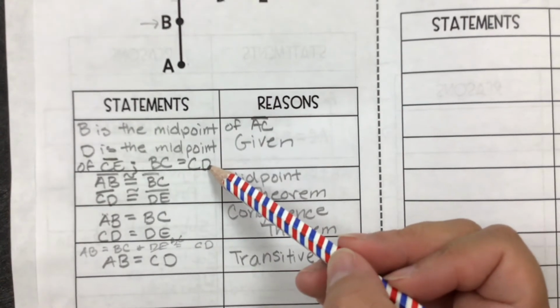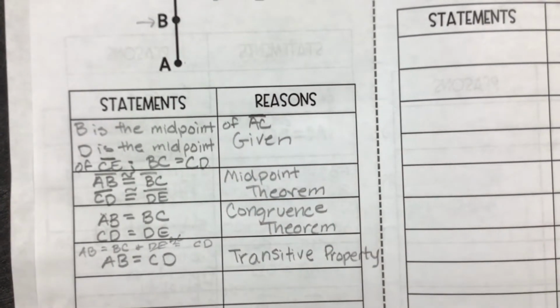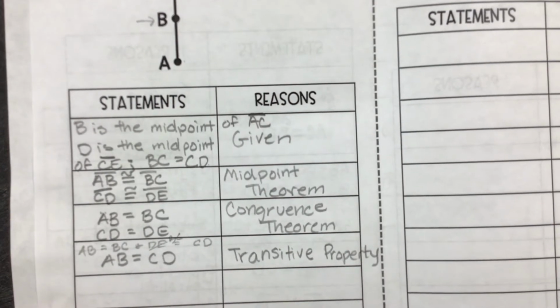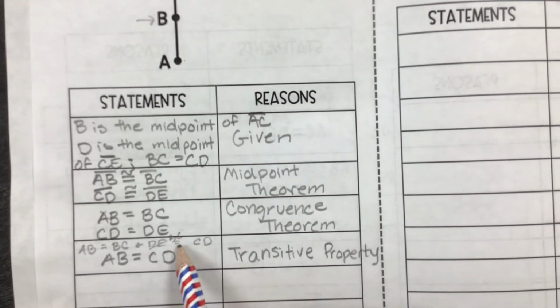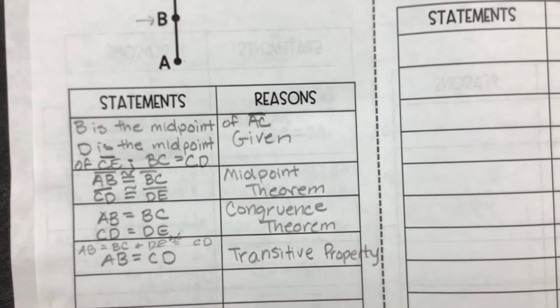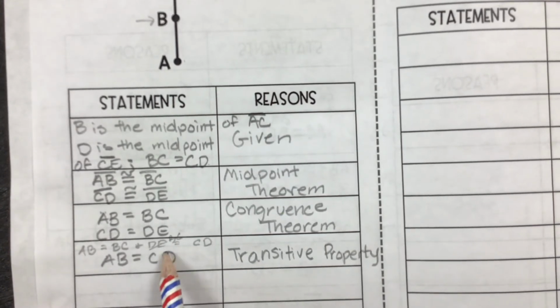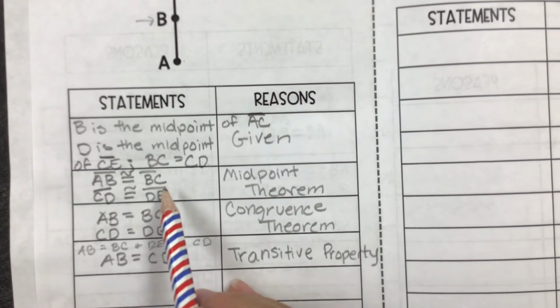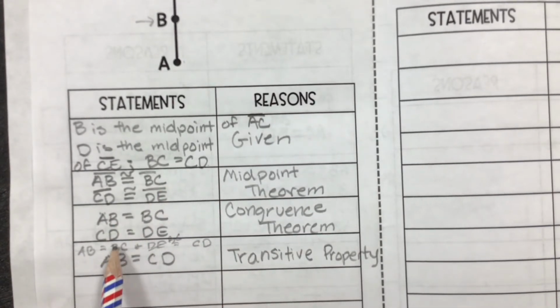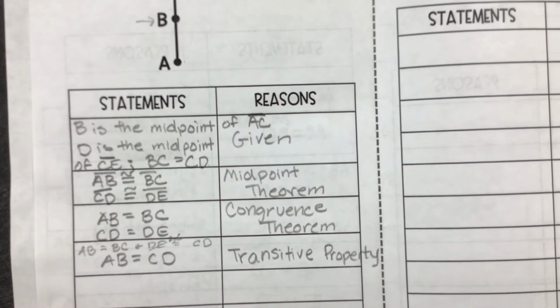Because this one tells me that DE, no it doesn't. So we need to figure out why they told us that this is the transitive property. And we use BC instead. Oh, because they're equal right there. No, that's still not true.